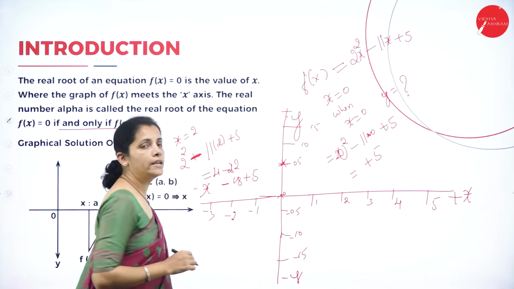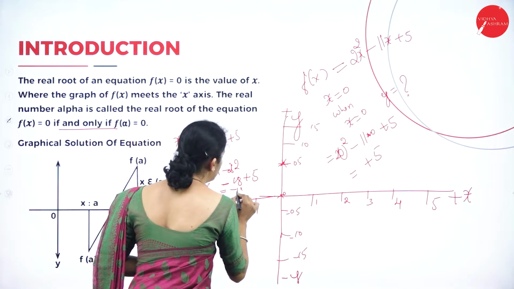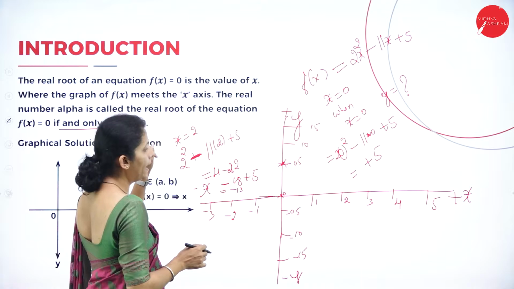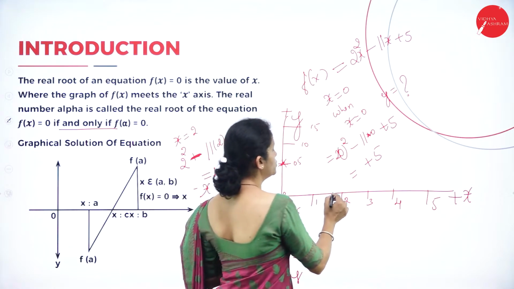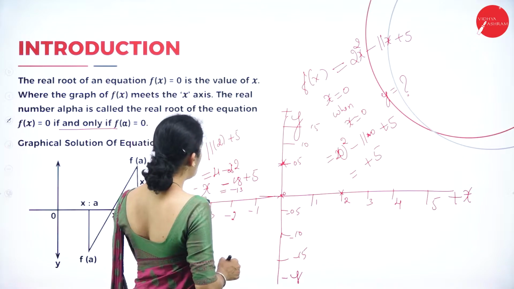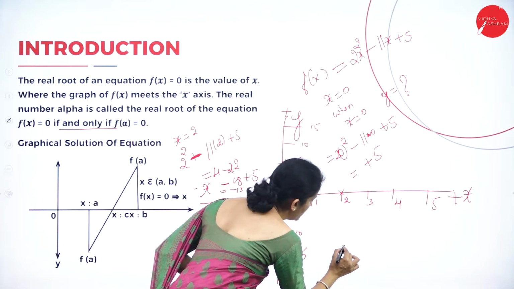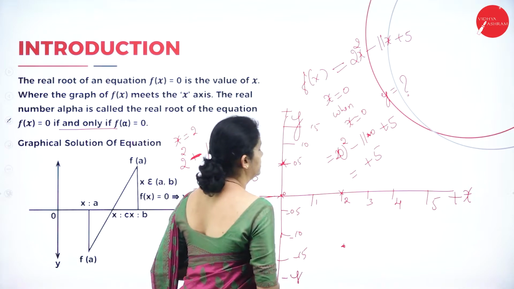So minus 18 plus 5, the answer is minus 13. So when my x is 2, so this is positive x 2. And what about y? Y is minus 13. So somewhere it is minus 13.